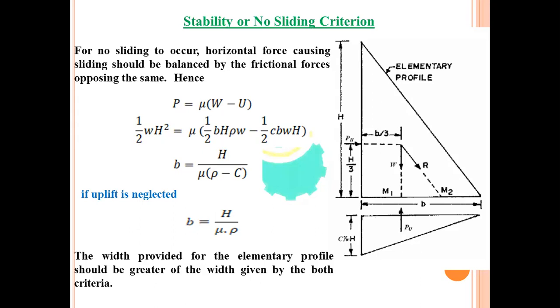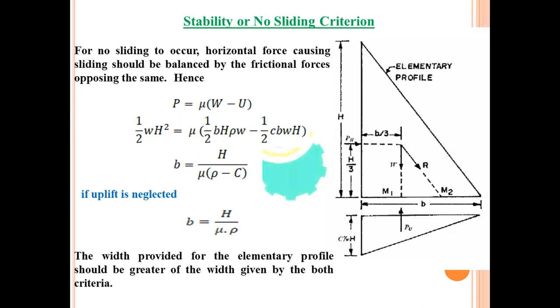WH off is also cancelling. What will remain? Here only H is remaining. In this direction, what will remain?